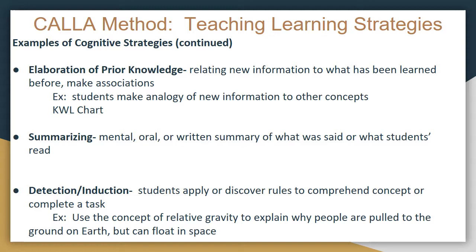And you could also teach students the concept of relative gravity. And using that rule of gravity and relative gravity, you could have students apply that to a new context of how relative gravity differs on Earth versus space and what that means in terms of humans.